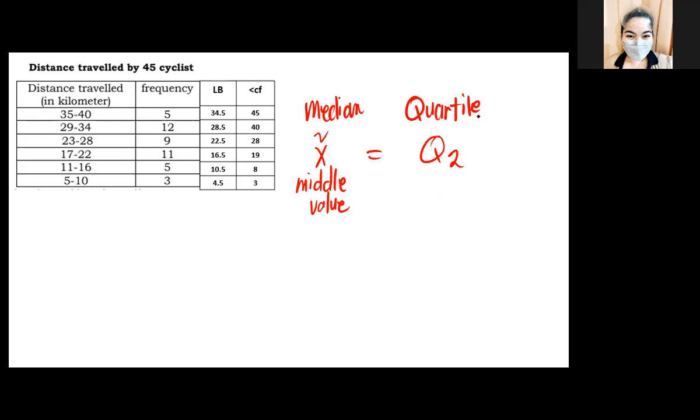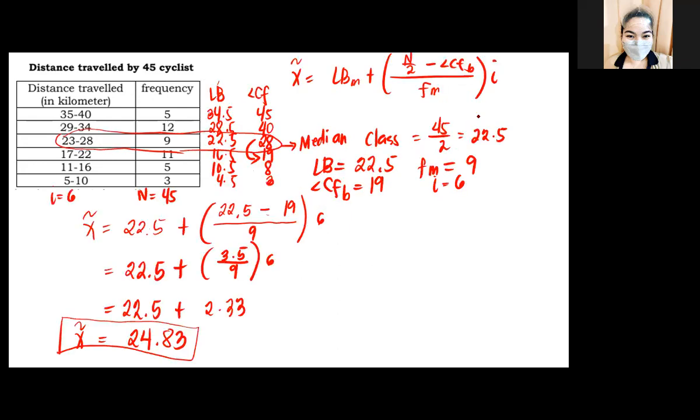So, let's say, kanina, ito yung value ng ating median. So, we can also say na ang value ng Q sub 2 natin ay 24.83. And pwede rin natin sabihin na yung location ng ating Q sub 2 ay nasa 22.5th location.